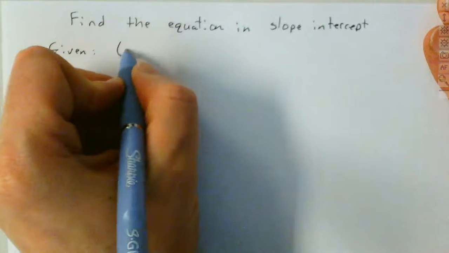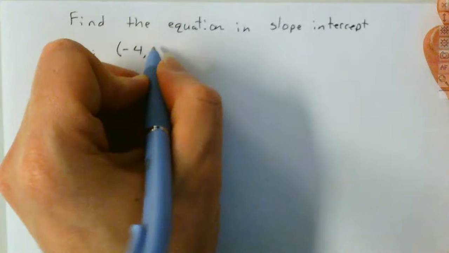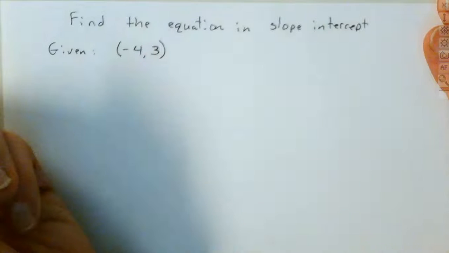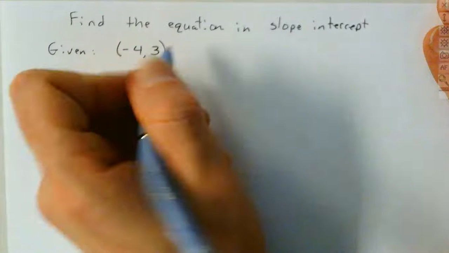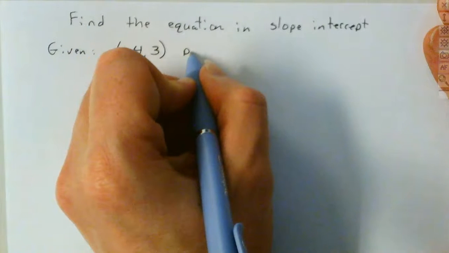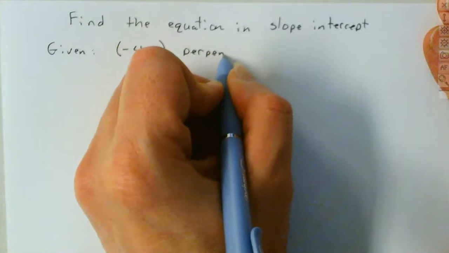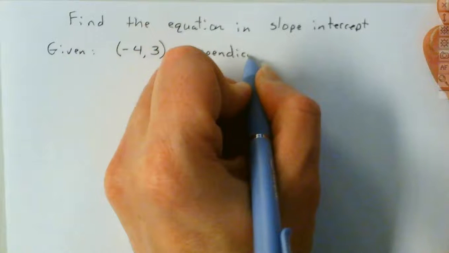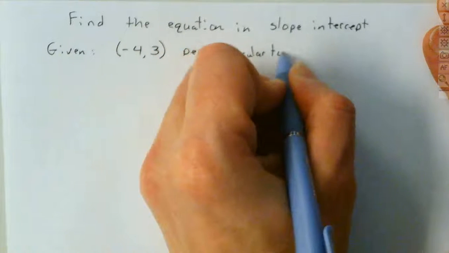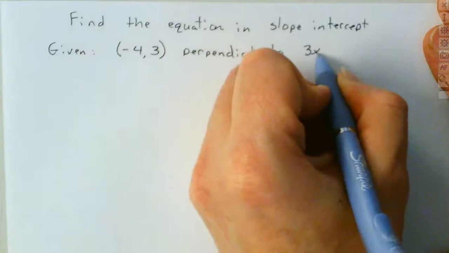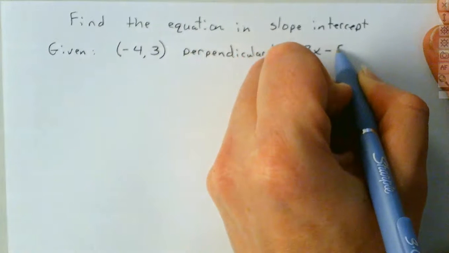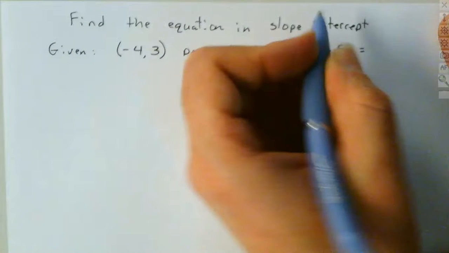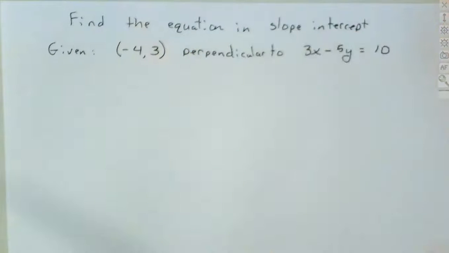How about I give you a -4, 3, and let's do a perpendicular one. I want to be perpendicular to 3x minus 5y equals 10.